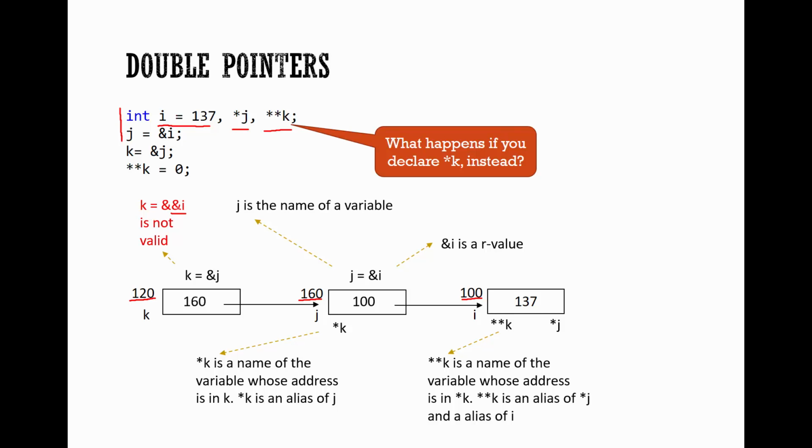It doesn't really live anywhere. &i evaluates to just a value that's maybe out there in a register or something like that. And so it doesn't make sense to apply an ampersand to that, because how would we look up the location in memory where that thing is being stored? It's not going to last very long. Really, we only want to use the ampersand next to variables, because variables are actually named things that have to exist somewhere in memory. So that's when we want to use it. Nesting them is a bad idea.